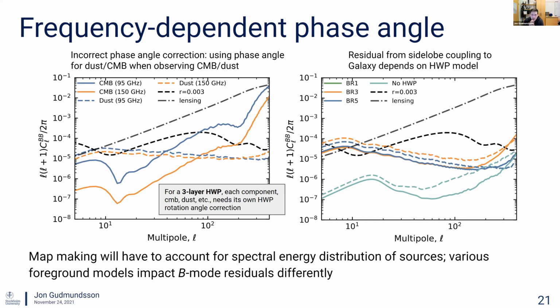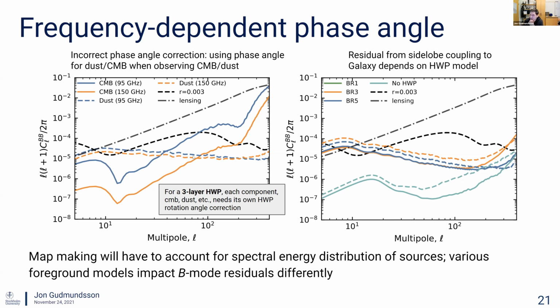So if you scan the sky and assume that you're looking at the CMB and assume the spectral energy distribution of the CMB in your analysis, then when in fact you are looking at galactic foregrounds which have a different SED, you will get significant residuals that are comparable to an r of 0.003. So that was one finding that came out.